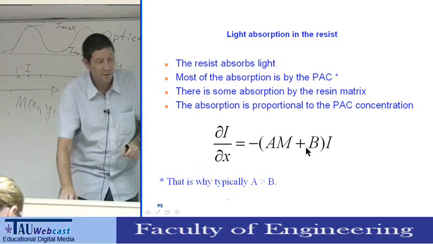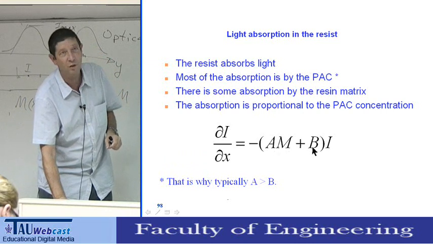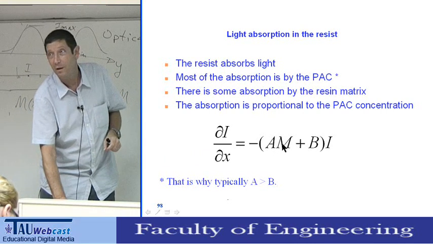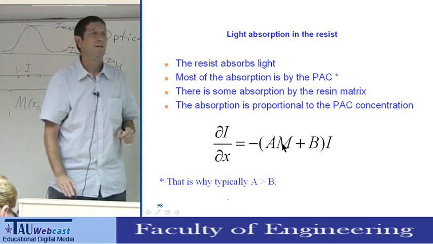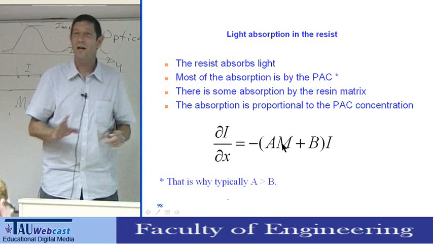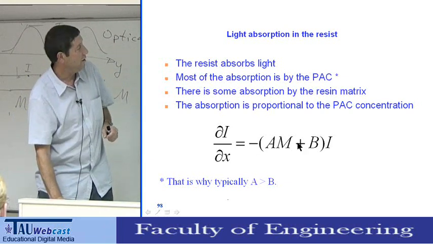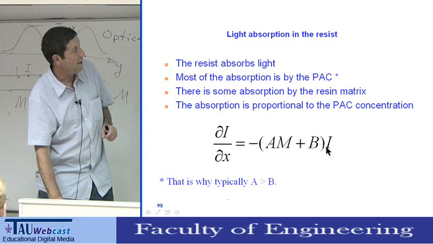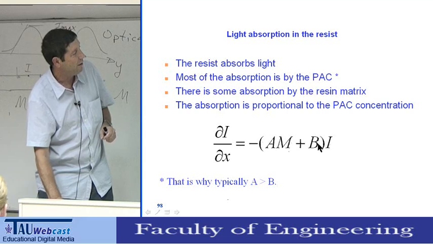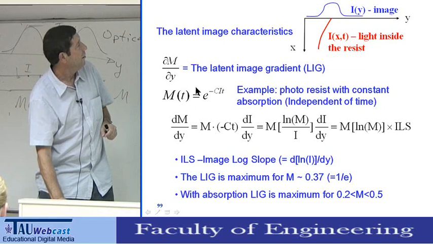I tell you, we can assume M plus B is a constant when B is very large and A is very small. But this is a very typical characteristic of a bad photoresist. In actual life, it's not so. It's more complicated. So if we assume that this term is constant, we can find this.